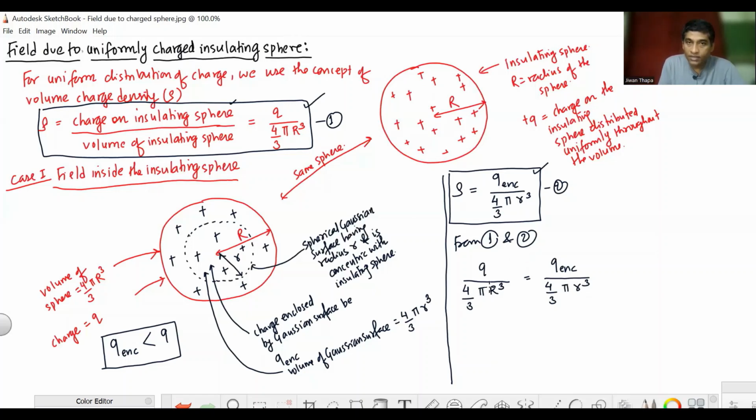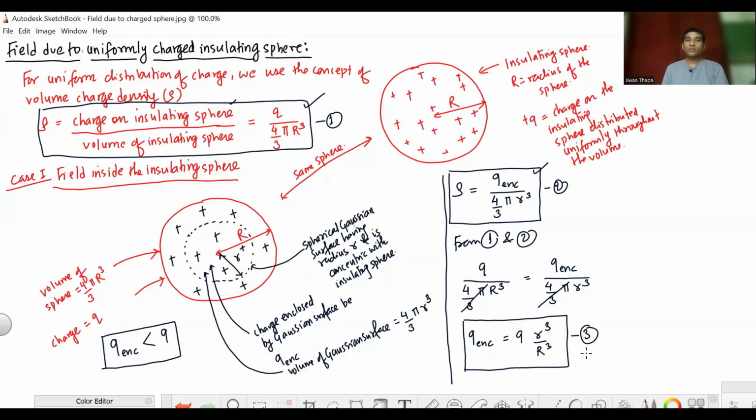So this cancels out, and on simplification we get the charge inside the Gaussian surface. Let us call it equation 3.